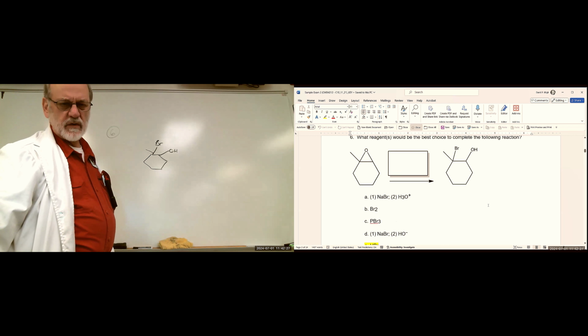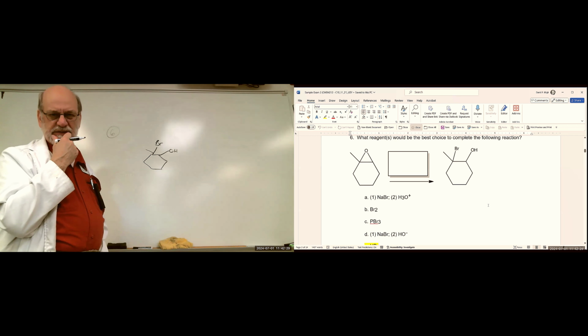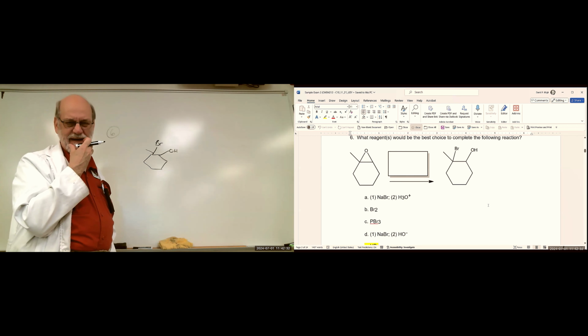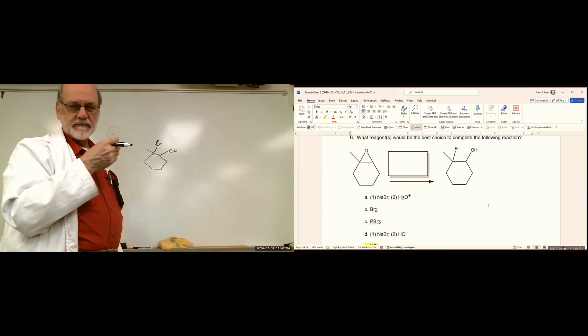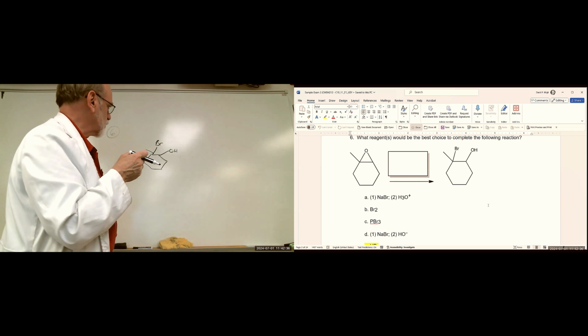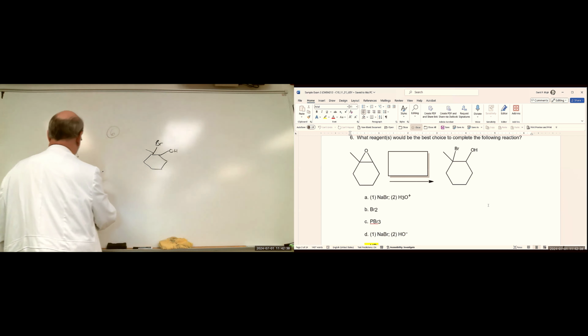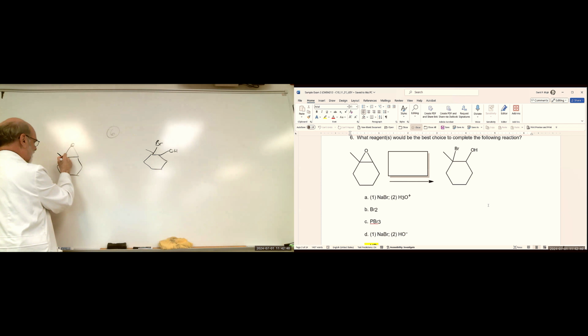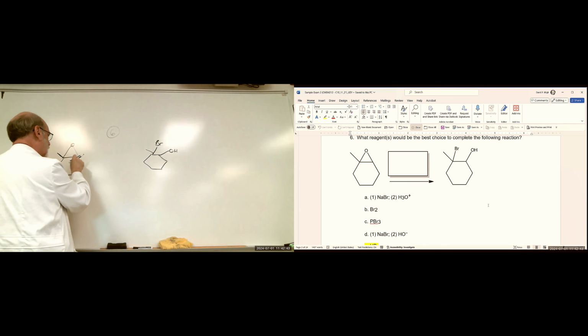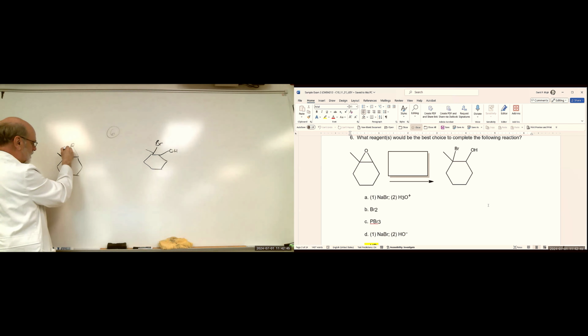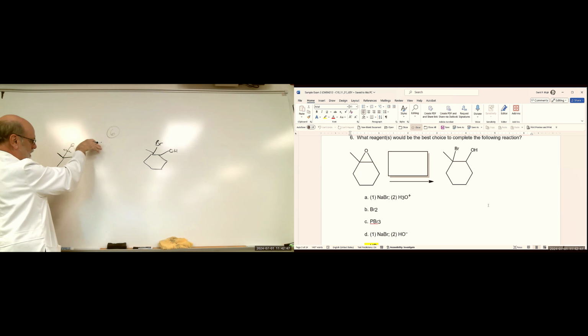So what we need to do is, where's the ring going to open? We want the ring to open here, don't we? Yeah, so that gives us the hydroxyl on this side.